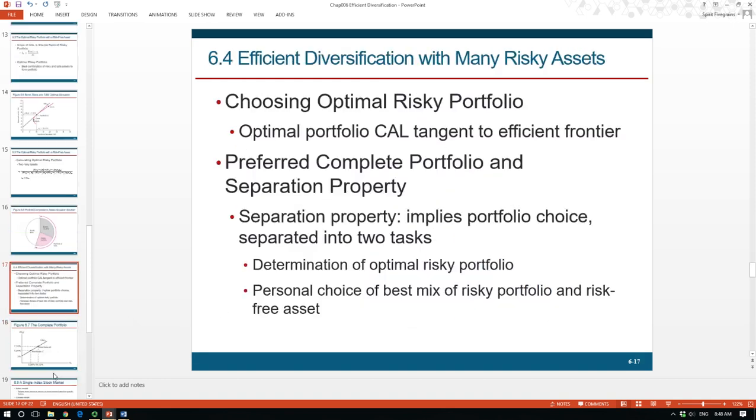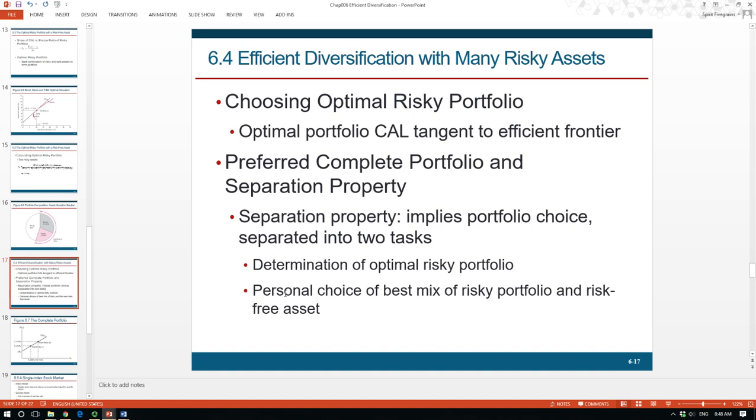So, in order to choose an optimal portfolio, the investor needs to follow a two-step procedure, the so-called separation property, which means the investor should separate the entire decision into two different tasks.